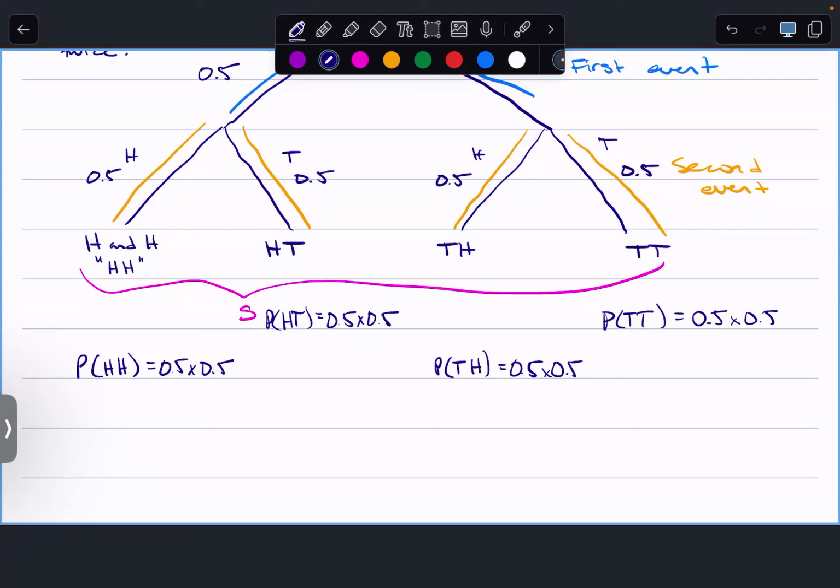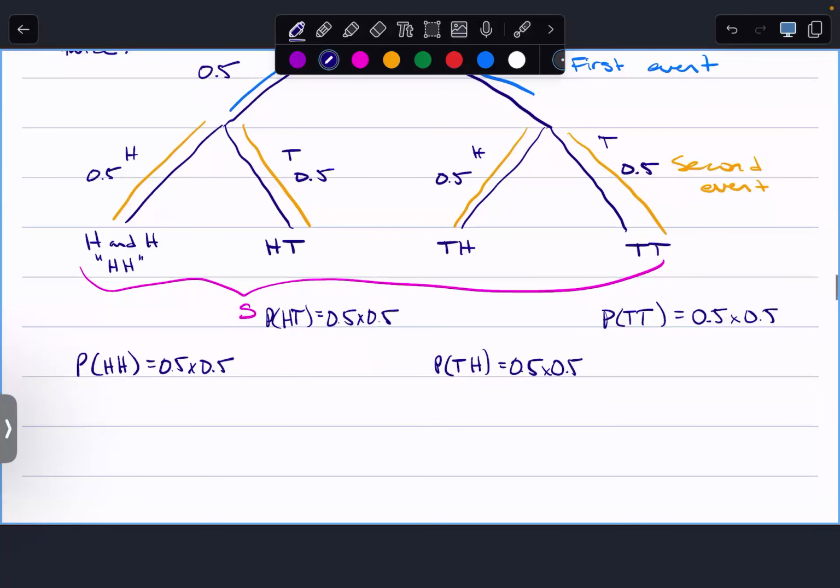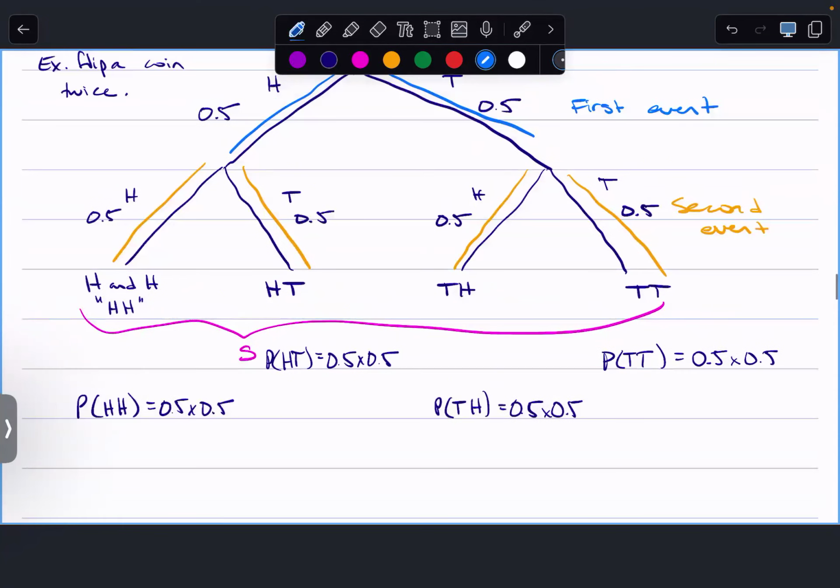Why is it boring? Well, they're all the same. Technically, what we're doing here is the probability of H given H. Knowing that I flipped heads earlier, what's the probability of another H? Well, it's 0.5.